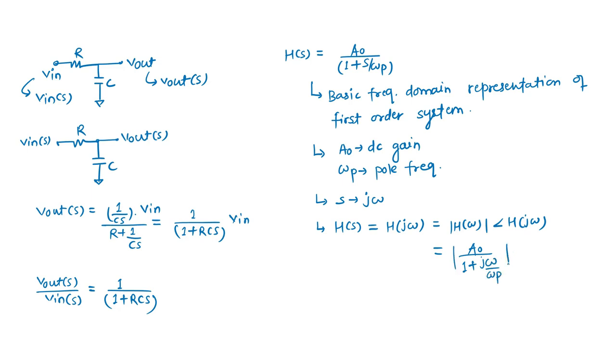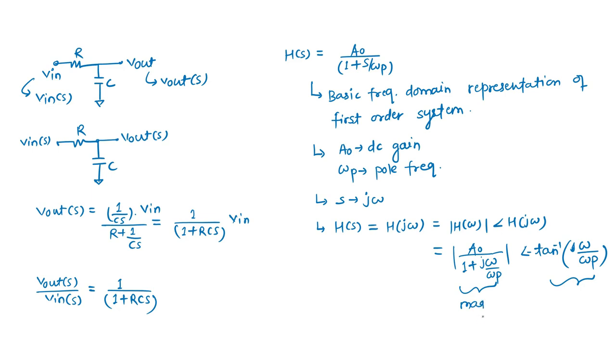The angle will be minus tan inverse of the coefficient of j, which is omega by omega p.